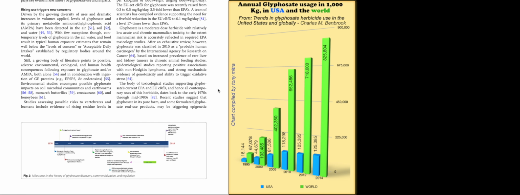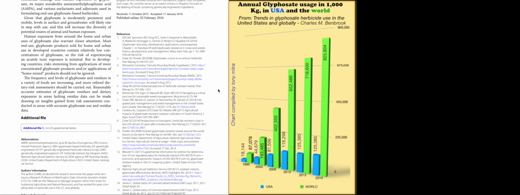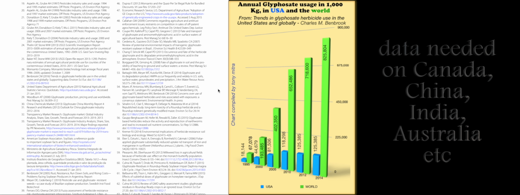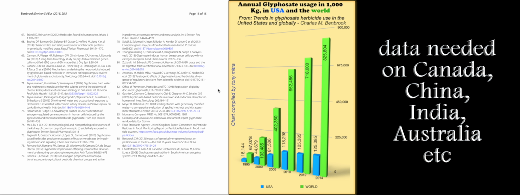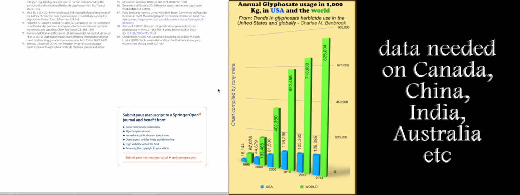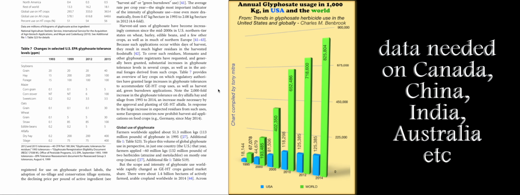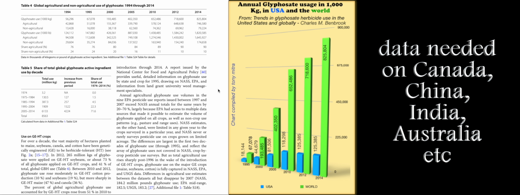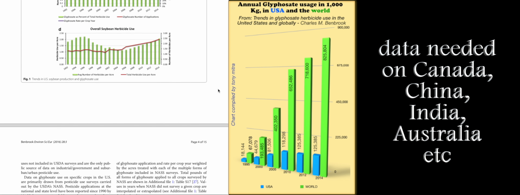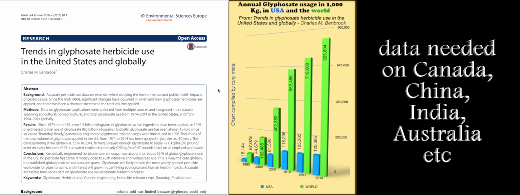I'm still in search of glyphosate use data on Canada, which I think uses just as much as USA, and China, the largest producer and largest exporter of glyphosate, and also a big country, and it would be good to know their data.